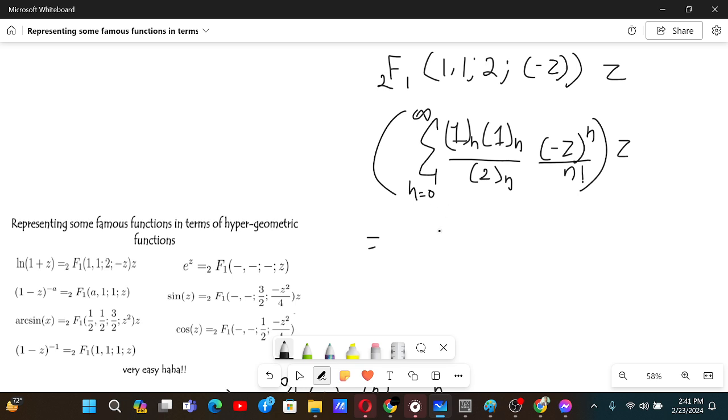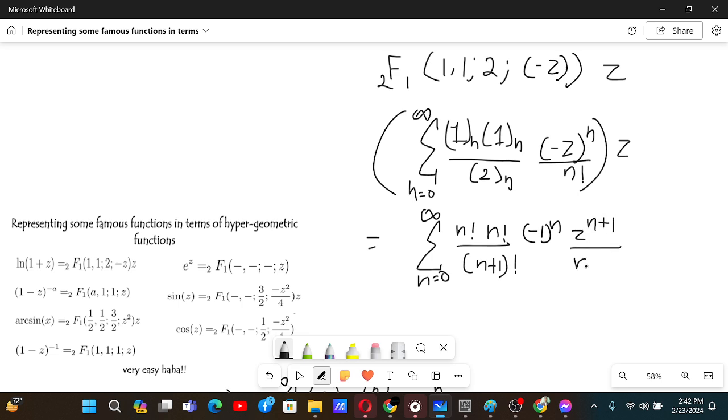Now as I have already told, 1 base n is just n factorial, 1 base n is just n factorial, 2 base n is (n plus 1) factorial, and this is minus 1 to the power n. Multiplied by g, we will have g to the power n plus 1 by n factorial.